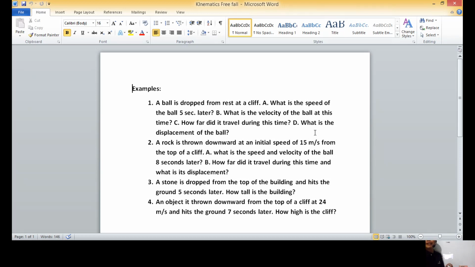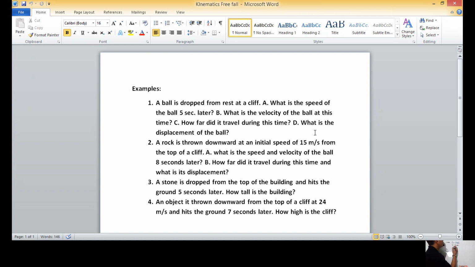So you're given, I'll just write the given. You're only given time. Your initial velocity is equal to 0. Your time is 5 seconds.